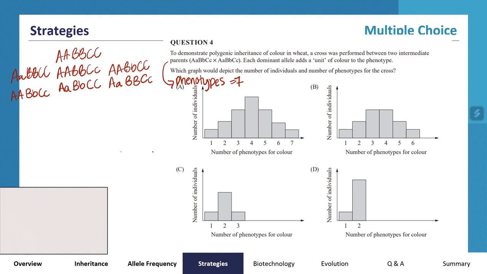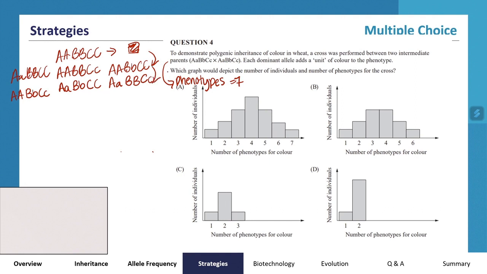Now with the phenotypes, the kinds of phenotypes that you would be expecting here are the darkest phenotype. This one would be slightly lighter because it's only got 1 copy of the recessive allele.